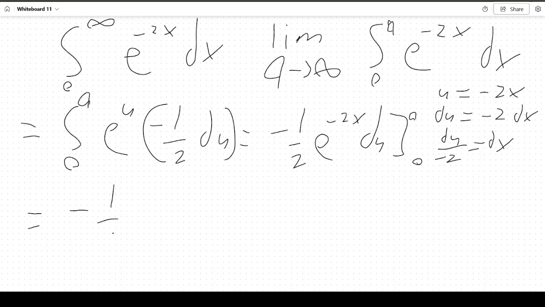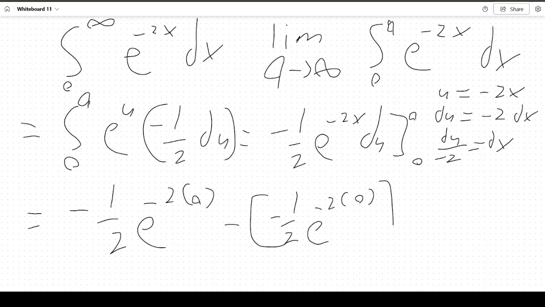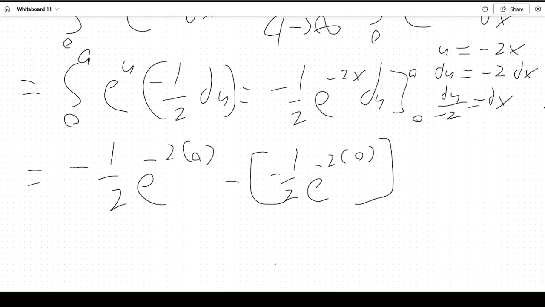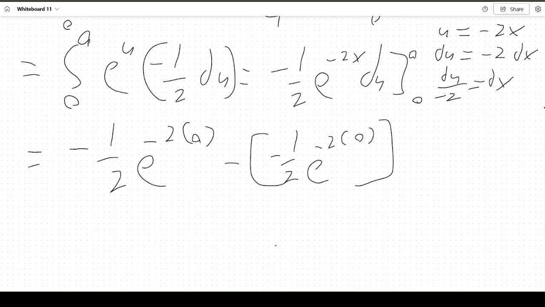So let's plug in a for x, and we're going to plug in 0 for x. Negative 2 times 0 would be 0, so e to the power 0 will be 1. So this would be just 1.